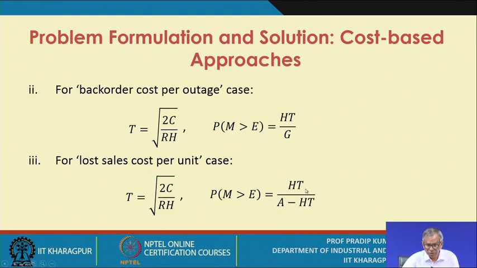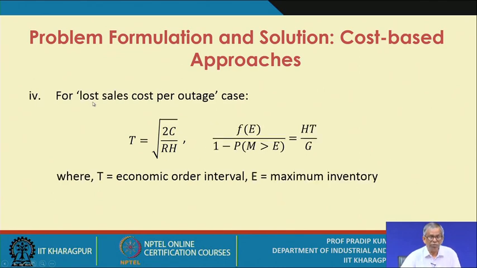So this expression is HT divided by A minus HT. Okay, and for the last case, that is the lost sales cost per outage case, we have these expressions.